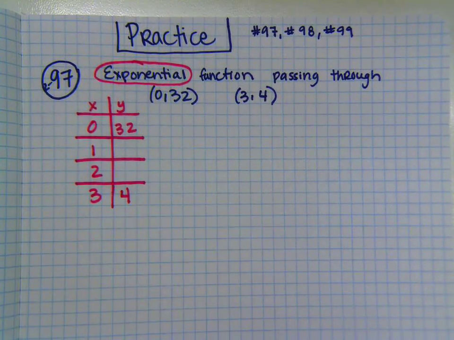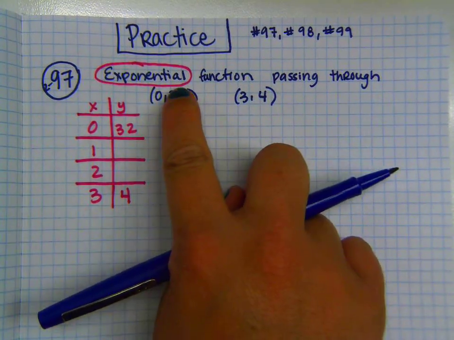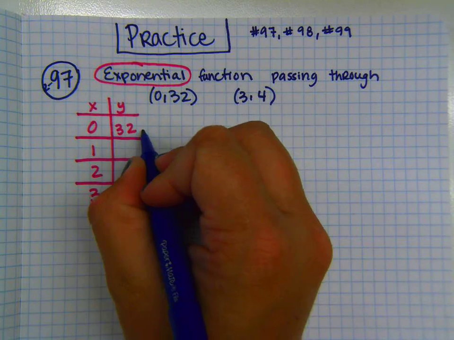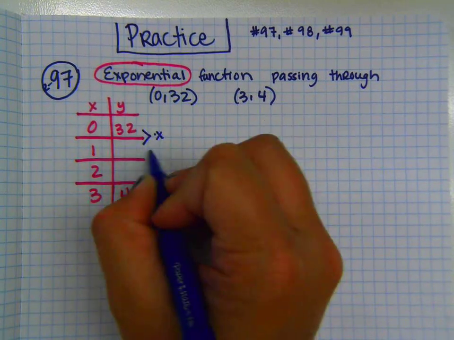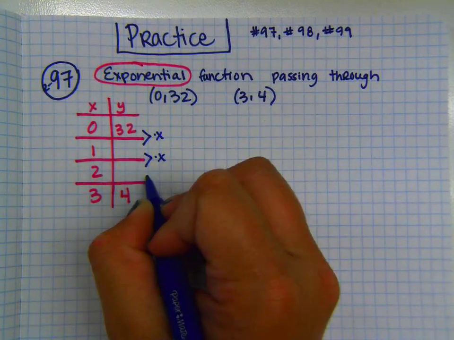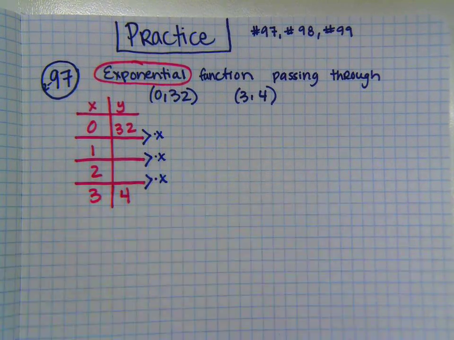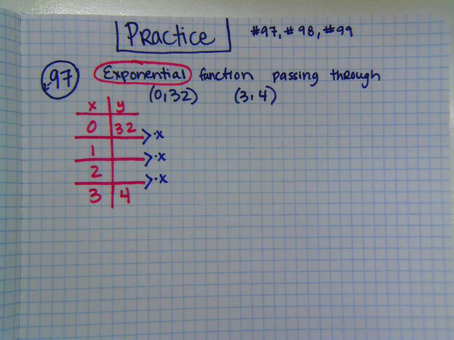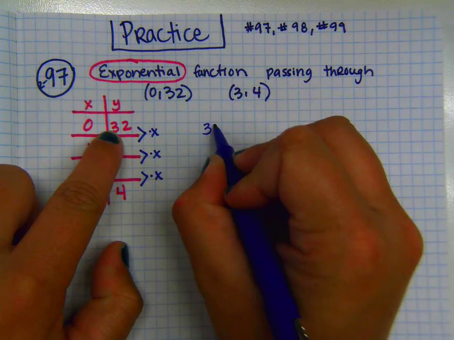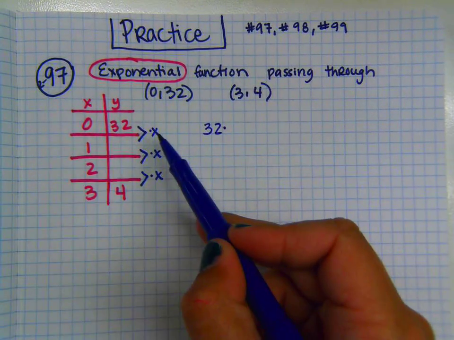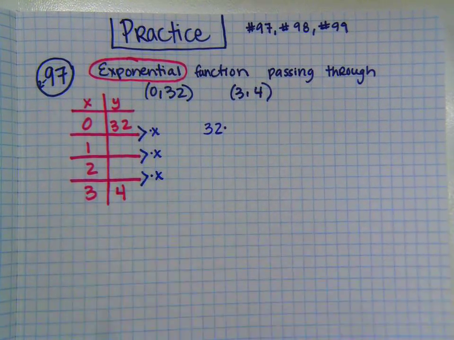Now, like I said before, I know that it is multiplying because it's exponential. So I can say that 32 times something times something times something is going to give me that 4. From there, I can set up an equation to figure out what that something is. 32 times x times x times x.